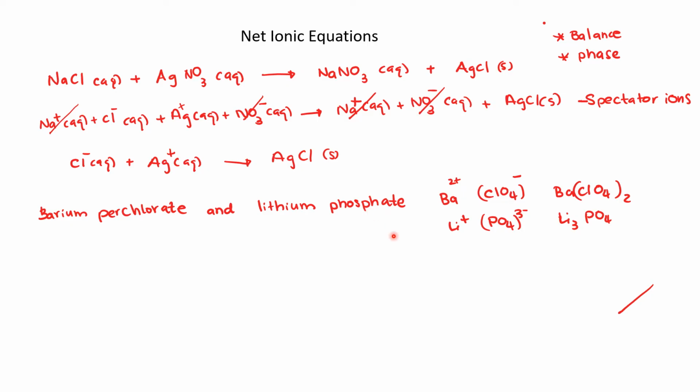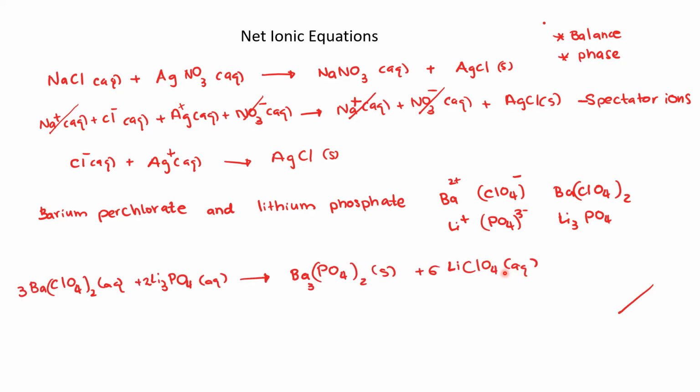Next, lithium phosphate. Lithium makes +1 ions. Phosphate is a 3- polyatomic ion. So we do the crossover method. This is your compound formula, Li3PO4.